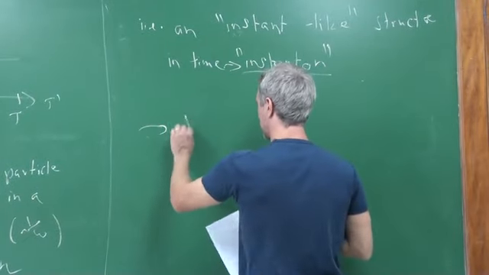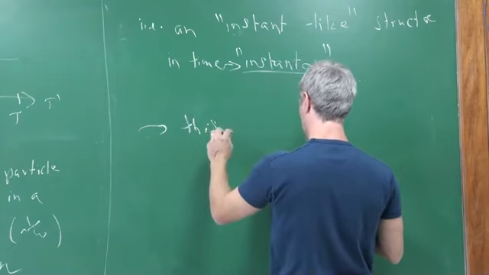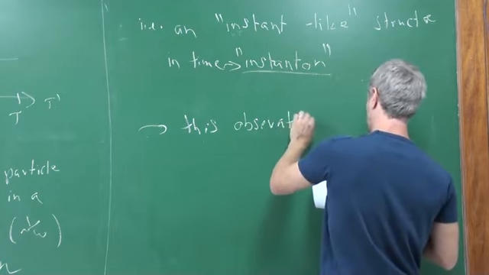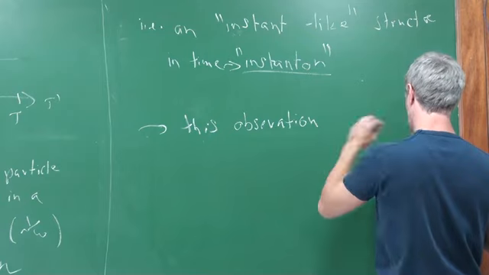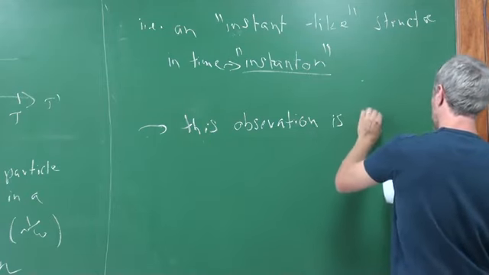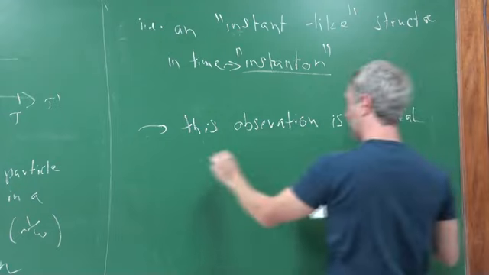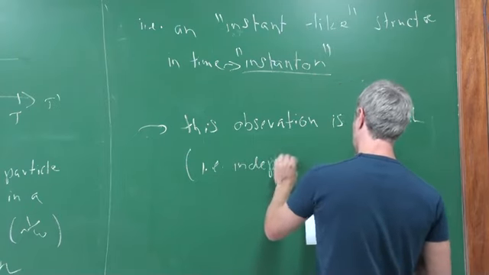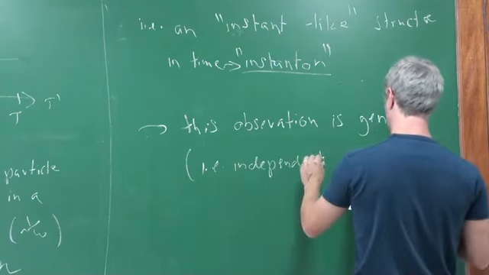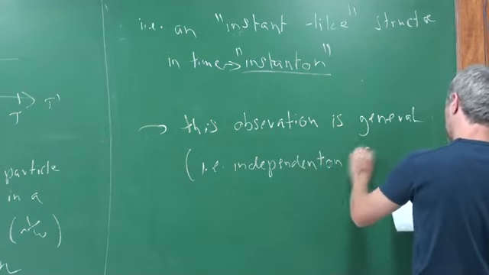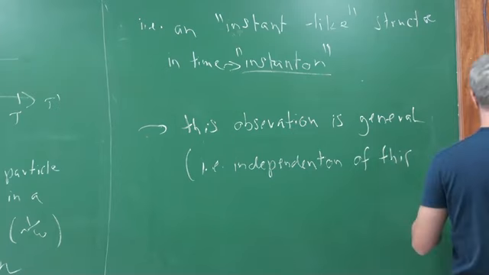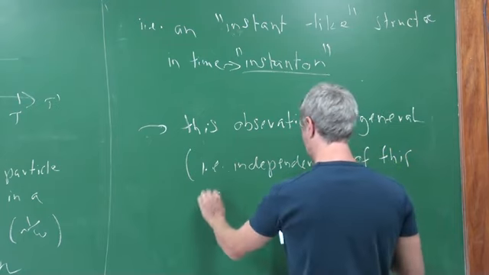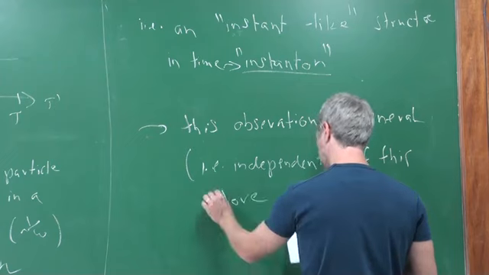This observation of having a well-defined structure in time is general, meaning independent of this specific example of considering this quadratic potential above.